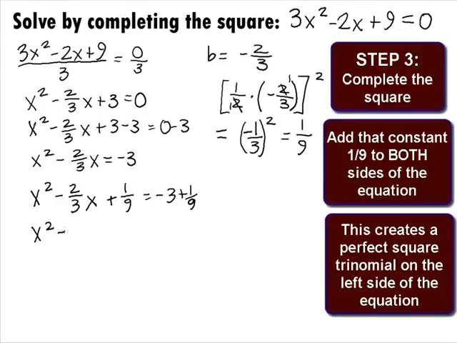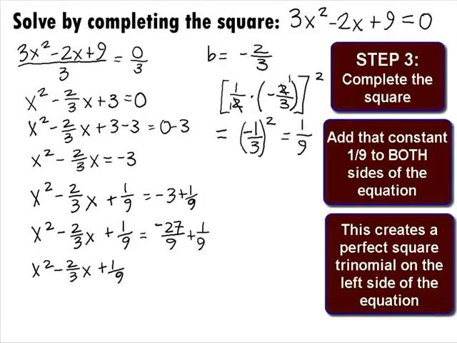Rewriting a negative 3 with a denominator of 9, we get x squared minus 2/3 x plus 1 over 9 equals a negative 27 over 9 plus 1 over 9, and combining a negative 27 over 9 plus 1 over 9 gives us a negative 26 over 9 on the right side.